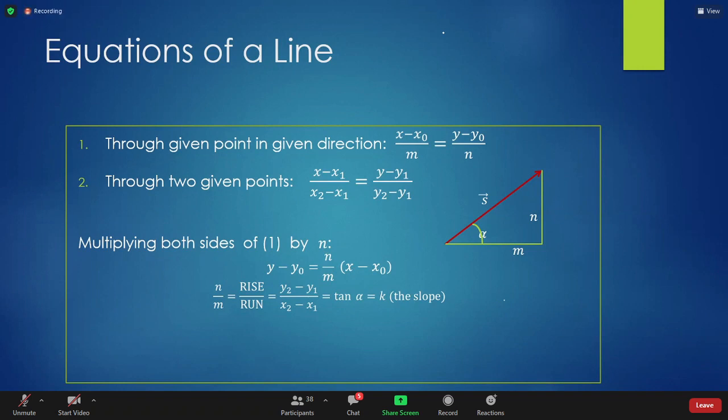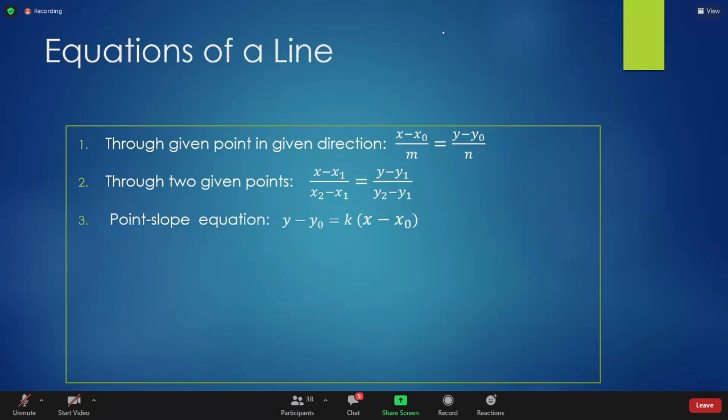So we have this slope-point form, or point-slope. That is, if we know a point and the value of the slope, if we know the slope as a number, then we can write an equation like this. So the number k, the coefficient k, is the slope, also rise over run, also tangent of the angle, also n divided by m.